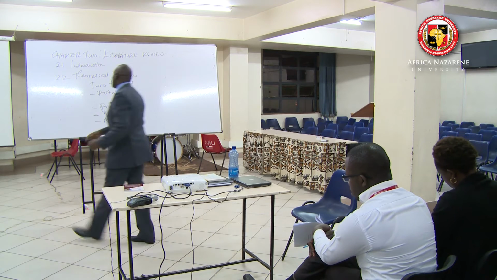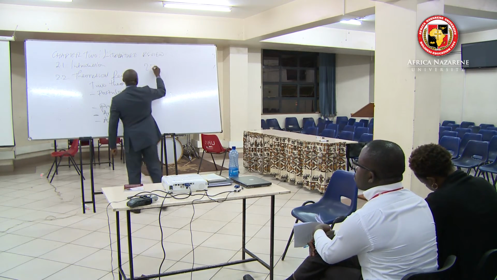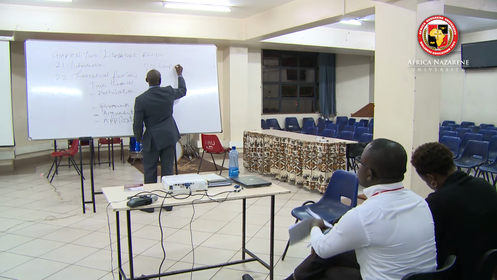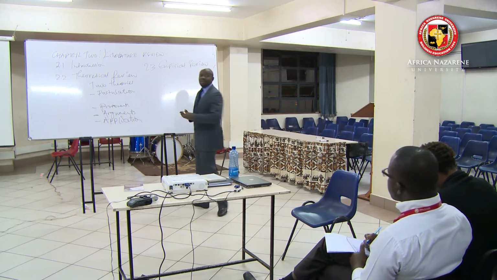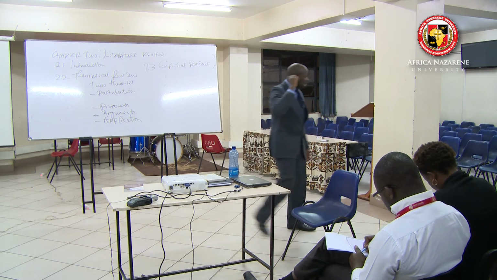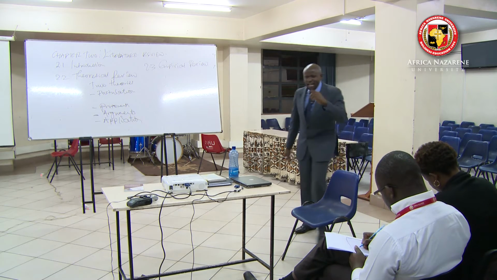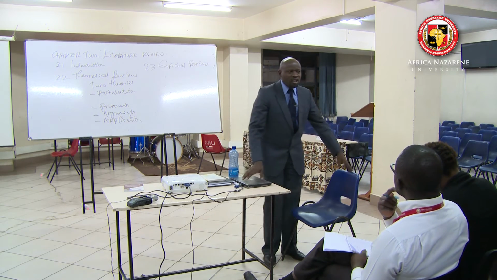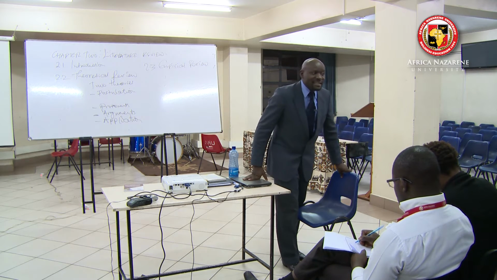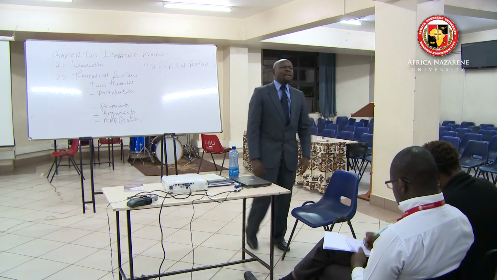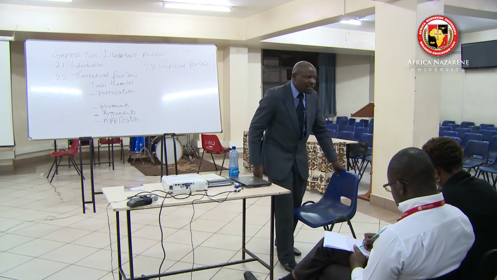Once we are done with the theories, then we go to 2.3, empirical review. Now, one thing I'll tell you, empirical review is a review of studies that have been done in that area, but they are presented in the same way we presented 1.1 introduction.